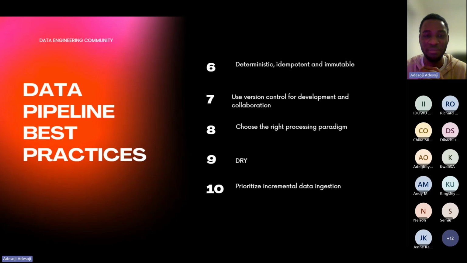Then you run the pipeline and it is now giving a different output. Maybe initially the output of your pipeline said the revenue is 1 billion. By the time the pipeline is rerun, it says it's just 500 million. So you want a pipeline that is deterministic: given the same input, it gives the same output. It must be deterministic and immutable. That means it doesn't change. It's reliable. Let me put it that way.